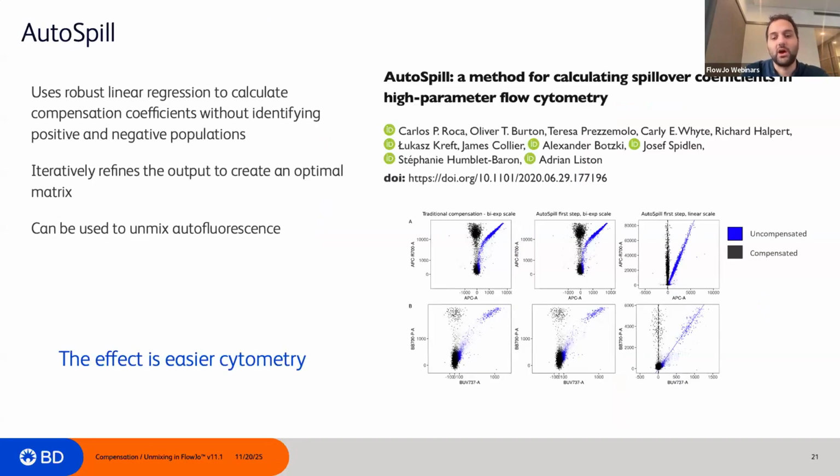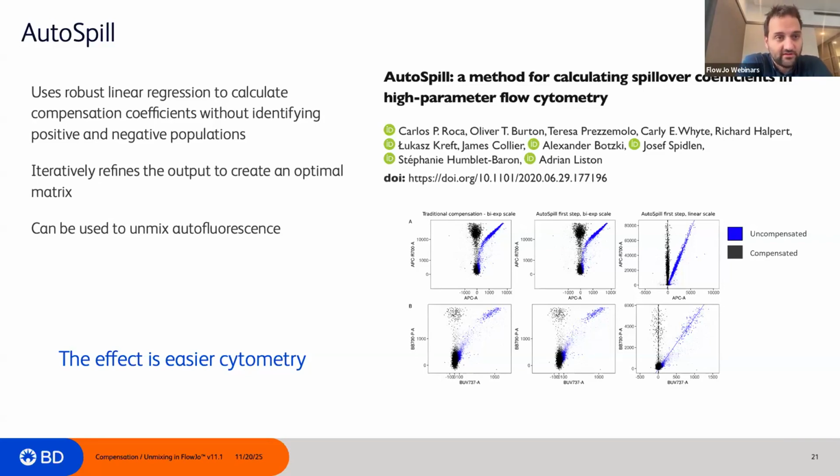Right. So let's talk now about the next algorithm, because so far we talked about FlowJo creating positive and negative gates for your population. If you're doing the traditional algorithm, you need to assign those positive and negative gates in order for FlowJo to calculate the compensation matrix.